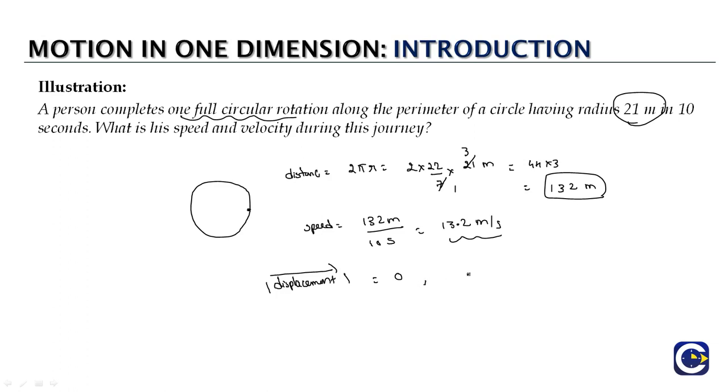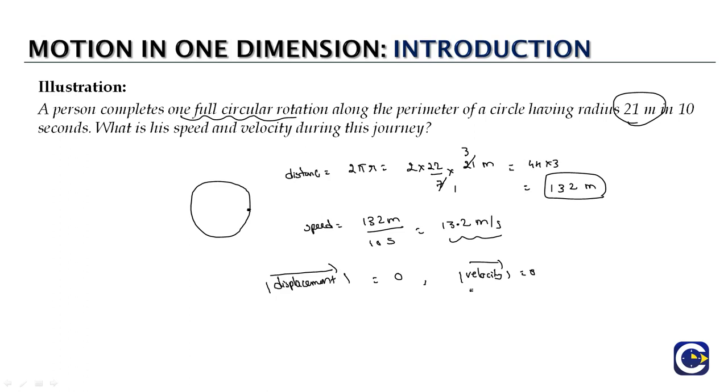If the overall displacement is equal to 0, then the velocity will also be equal to 0. So here, of course, for vectors which are having 0 magnitude, we call them null vectors. The direction has not much significance. So this is about the way we'll be able to find the speed and the velocity in a given journey.